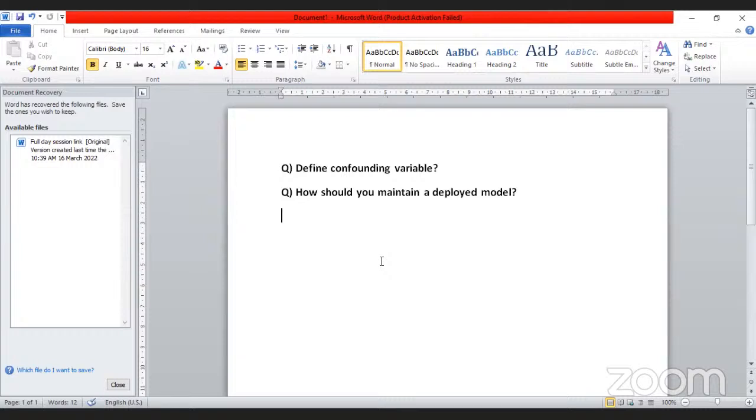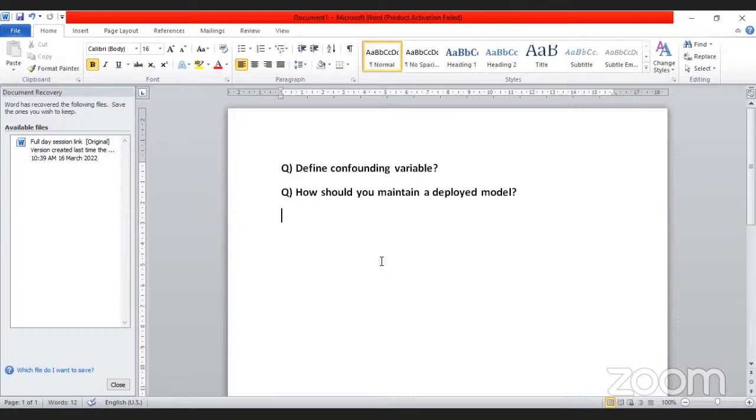Is the accuracy increasing or going down? After monitoring, we have to evaluate whether the model is giving good accuracy. If it is not good, is there any need to build another model for that data set?